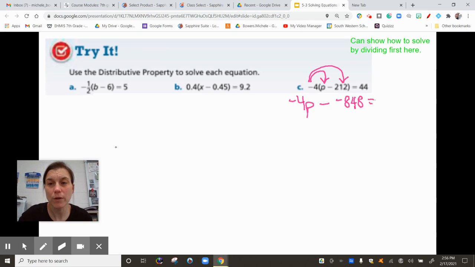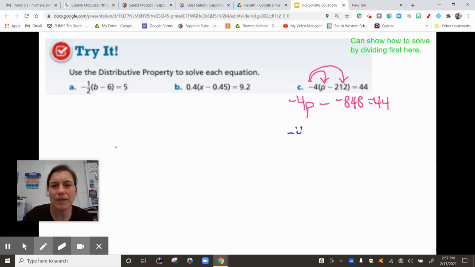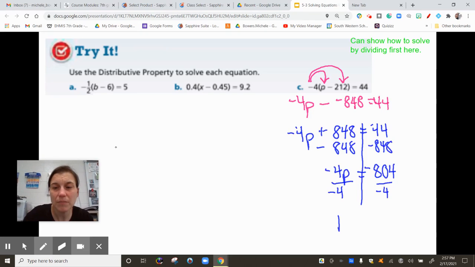That equals 44. When I see the double signs, I have negative 4P, keep, change, flip, and that equals 44. So now I solve this equation. P equals, so if I put that in the calculator, negative 804 divided by negative 4, I'm going to get 201. Positive 201 because both of them are negative.